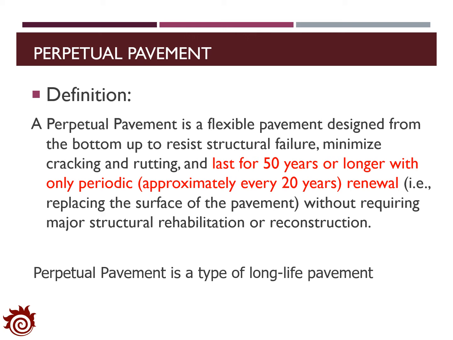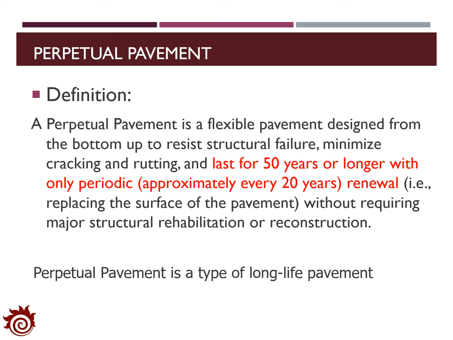Basically, as we specified in the previous pages, the perpetual pavement contains 3 layers to make sure that the pavement can last for a longer time. The first one is a rut-resistant, impermeable, and wear-resistant top layer. Second one is a rut-resistant and durable middle layer.